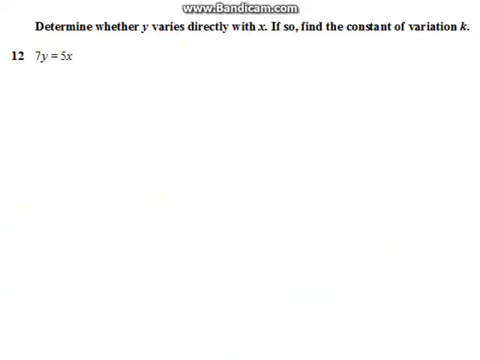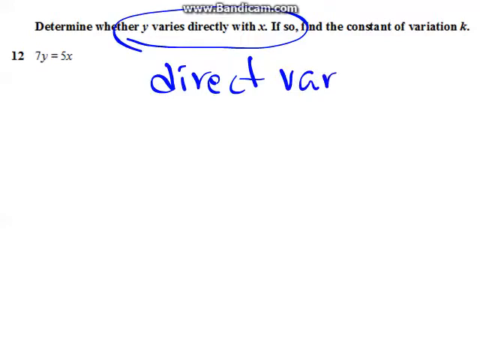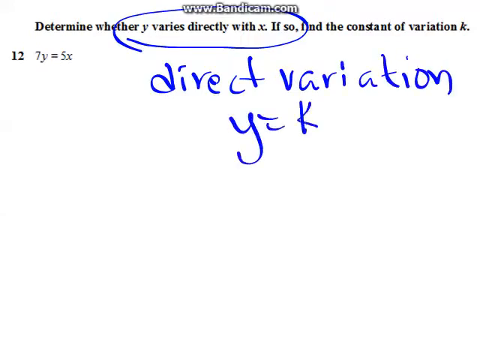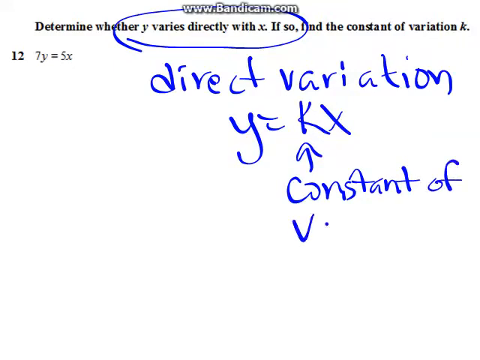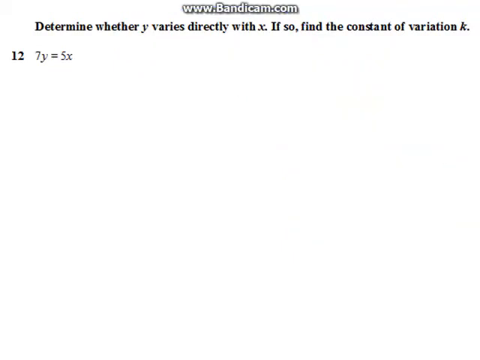Determine whether y varies directly with x. Again, right there, that's a direct variation. Y equals kx, in which k is our constant of variation. Okay? So the first thing I'm going to do is see if we can make our equation 7y equals 5x look like the y equals kx.